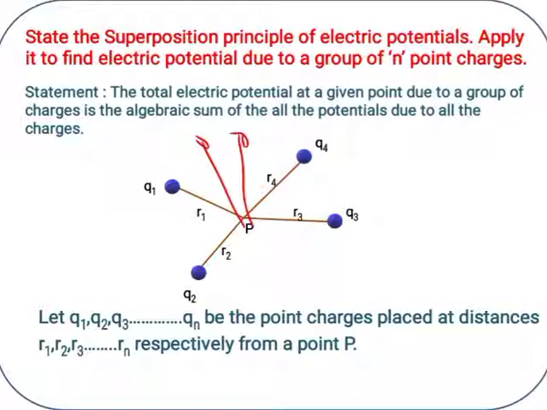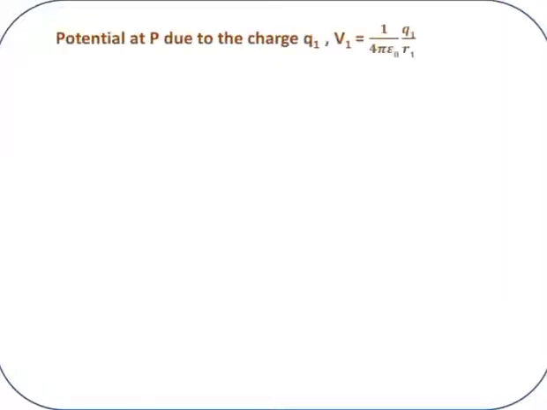Now, the potential at P due to the charge Q1, V1, is equal to 1 by 4 pi epsilon naught Q1 divided by R1. What is the general expression for electric potential? We already discussed it in the last video.